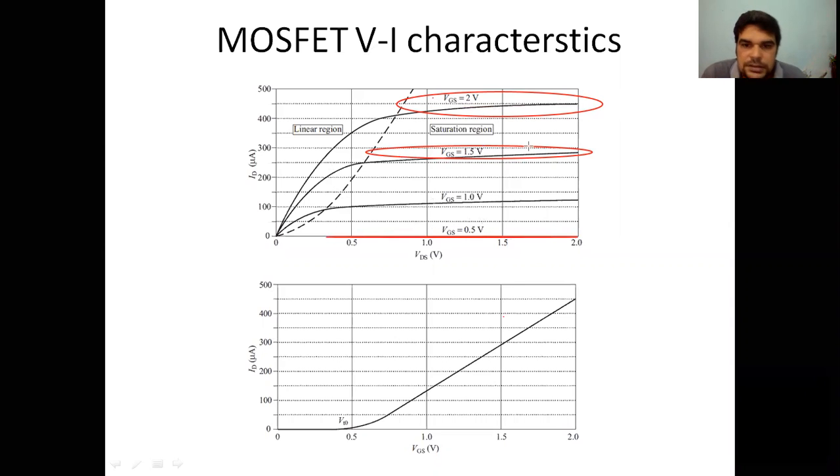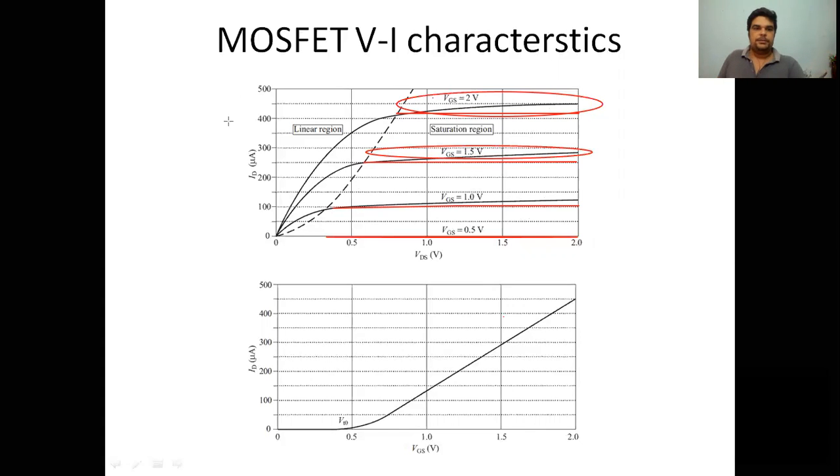The reason will be discussed later, in another topic called channel length modulation. Ideally it should be a straight line parallel to the horizontal axis, like this, but practically we obtain it like this. We will discuss channel length modulation later.